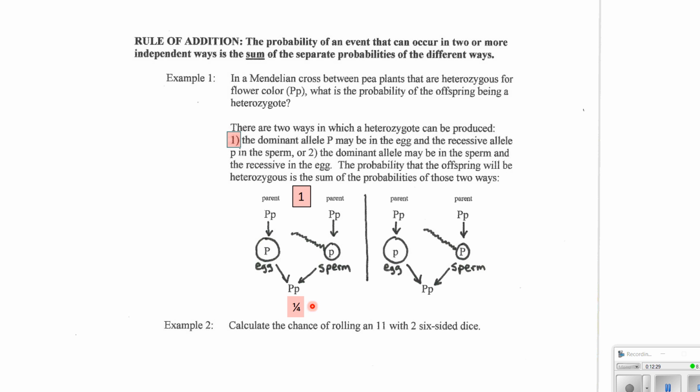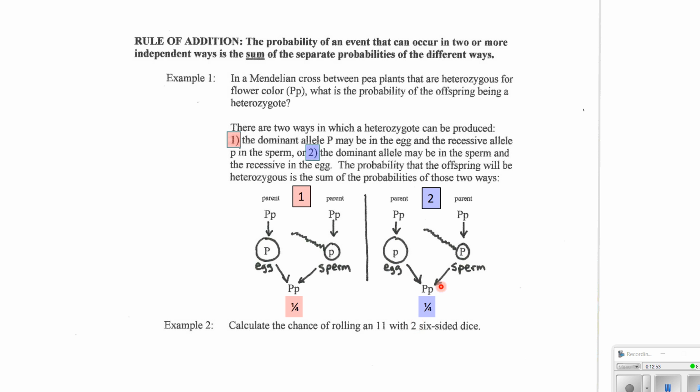So rule of multiplication still applies, but now we're going to add this probability to this probability over here, because the probability of getting little p in the egg, big P in the sperm, is 1/2 times 1/2, 1/4. But remember, it's called rule of addition.